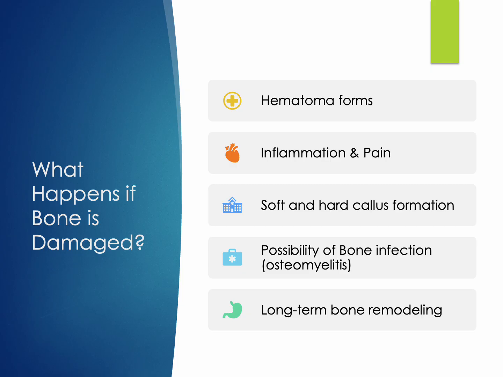And what happens if a bone is damaged? Well, the first thing that would happen is a hematoma is formed immediately after a fracture, and that clot stabilizes the broken bone ends and provides the framework for new tissue growth.